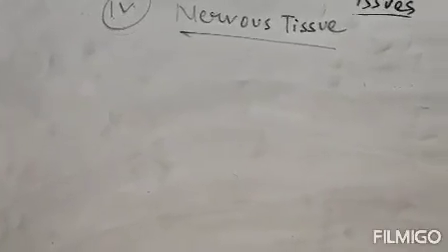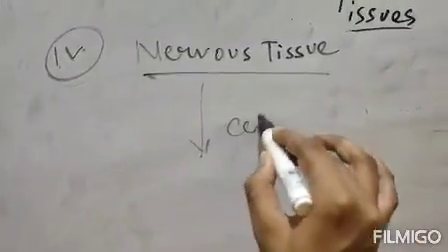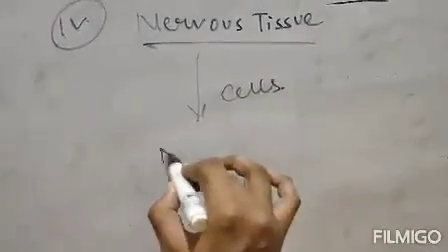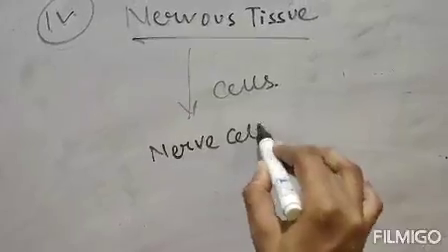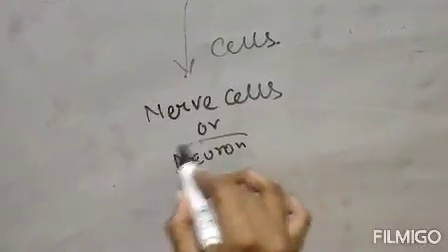Clear? Nervous tissue is composed of cells known as nerve cells, which have a specific name, neuron.